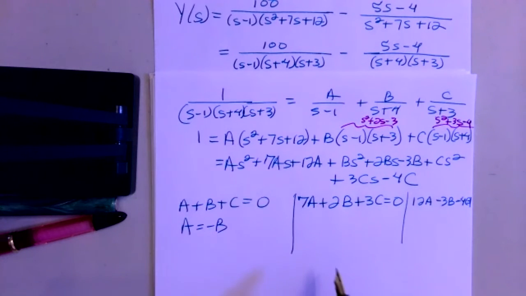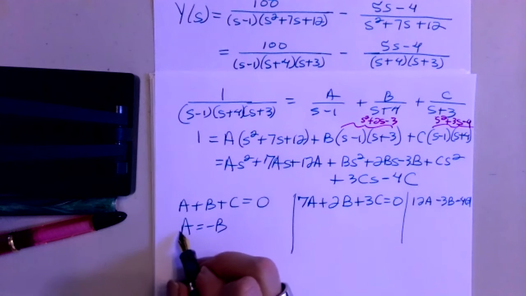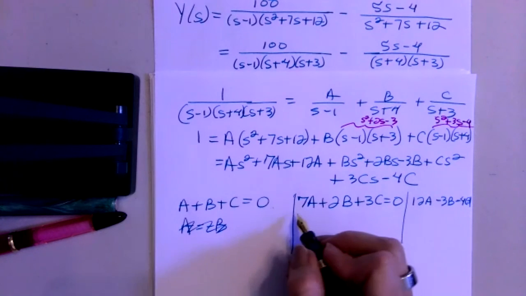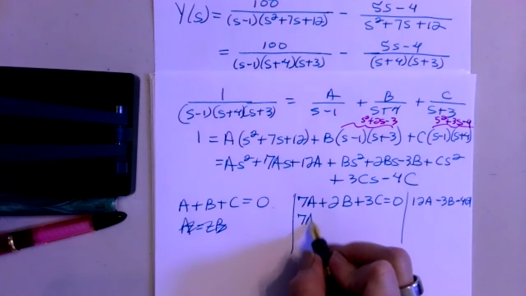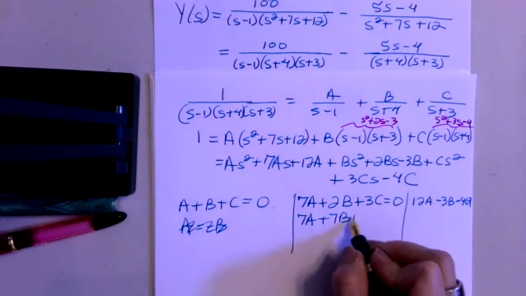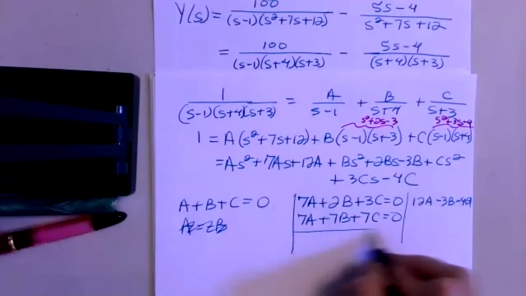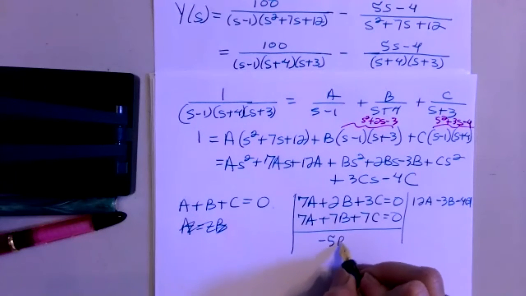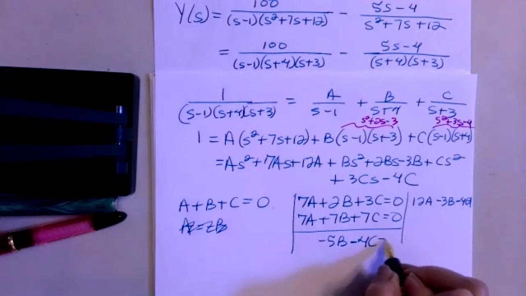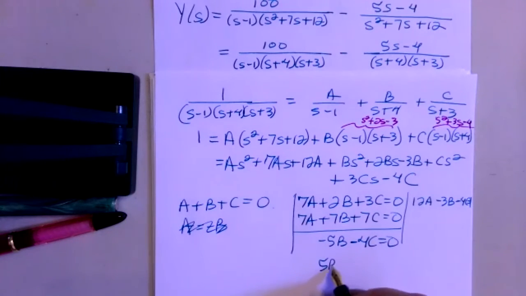Not a lot of fun to do this, but another way you could do this is multiply this equation by 7 and subtract. And when I subtract, I get minus 5B minus 4C equals 0. So 5B plus 4C equals 0.